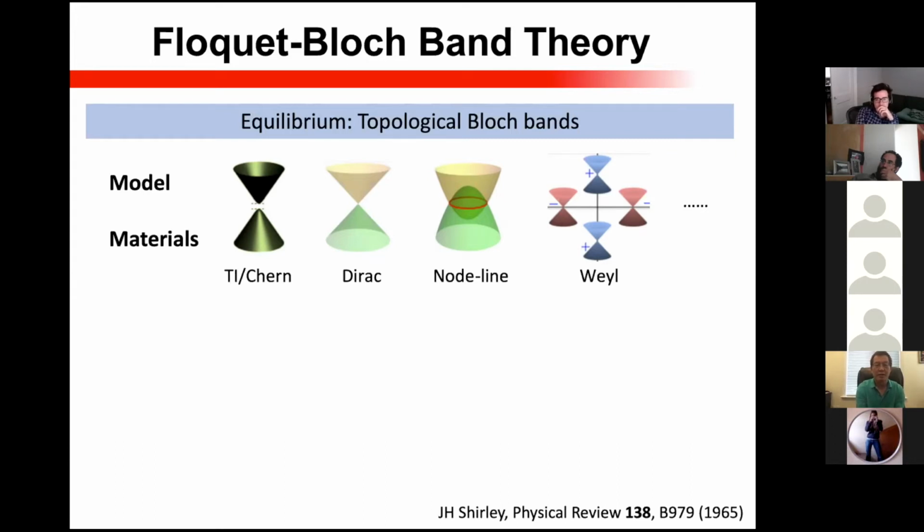First, as I mentioned, in recent years there have been many studies of topological band structures and topological materials. Here I list, for example, topological insulators, Chern insulators, and Dirac semimetals, and there are also Weyl semimetals.